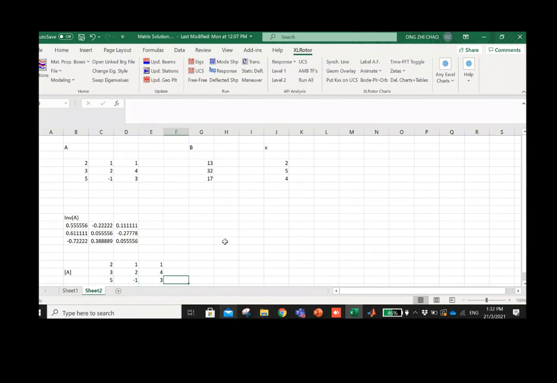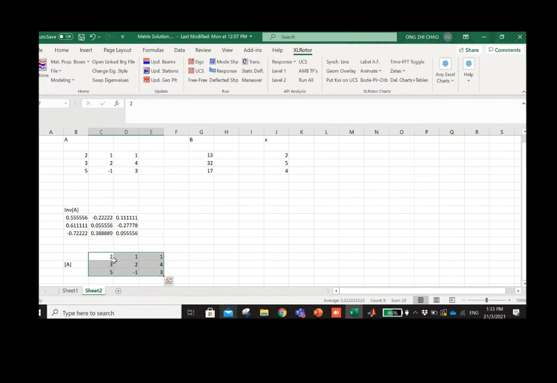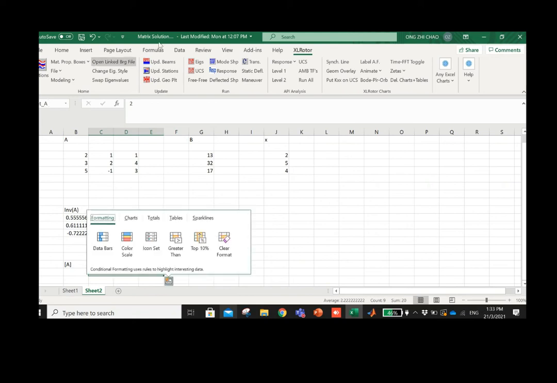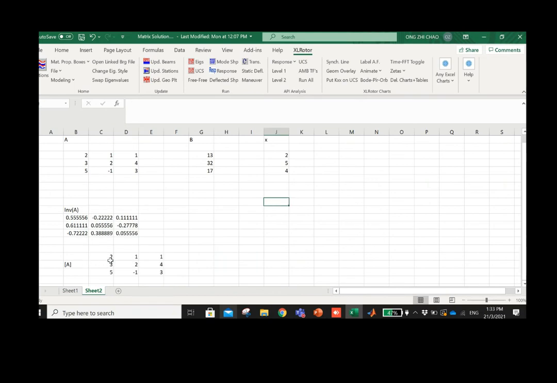So what I need to do is group them and define them as a matrix A. I select them, then here I put mat A. You press Shift Control together, followed by Enter. If you do this, you can find your matrix A is selected.